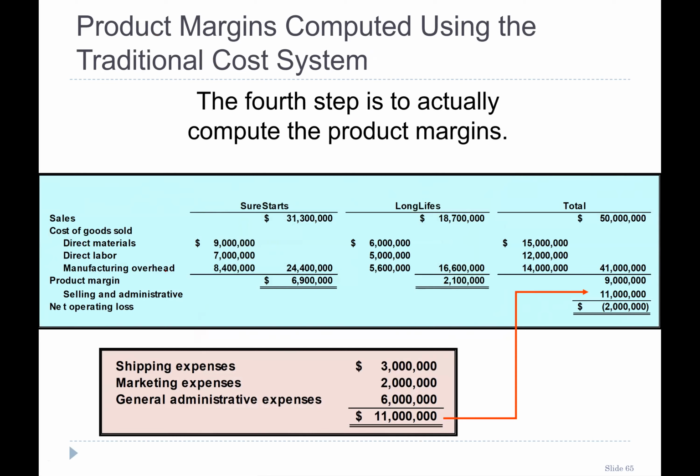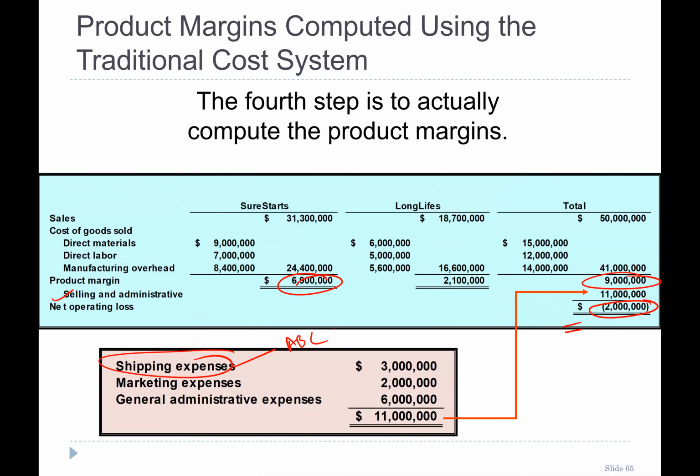So direct material, direct labor, and manufacturing overhead, you divide it and you find out the product margin, right? So did you notice something? That selling and administrative cost 11 million. Then we find out the loss, or this 11 million also includes the shipping cost, which is a direct cost according to ABC.